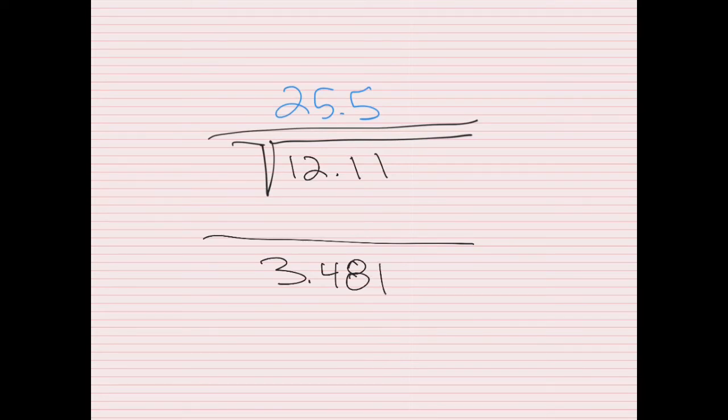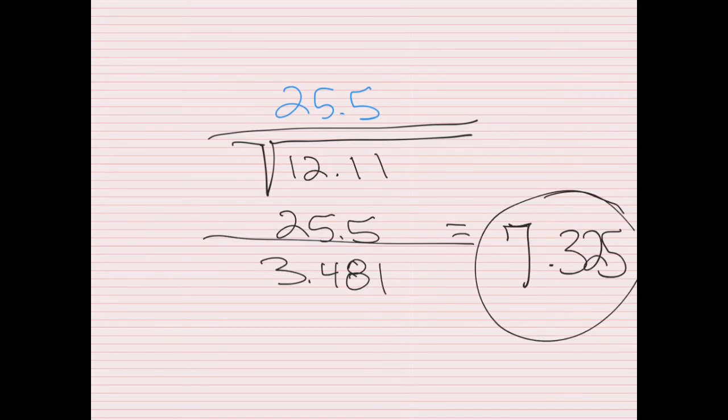And we're going to divide that into 25.5 for our t value of 7.325. Now, if you look that up in the book to get the critical value with the degrees of freedom of 10, then it should show that it's statistically significant.